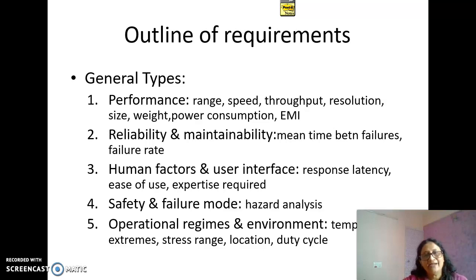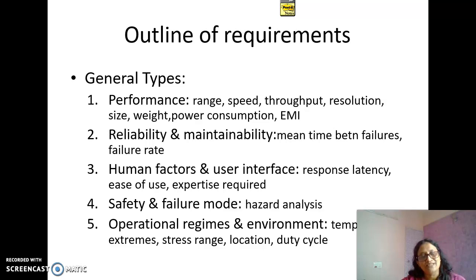Then reliability and maintainability aspects. For these requirements, naturally, we have to calculate the failure rate. We need to test failure mechanisms. Failure rate should be minimized. Human factors and user interface are important for all products because any product should be very easy to use.